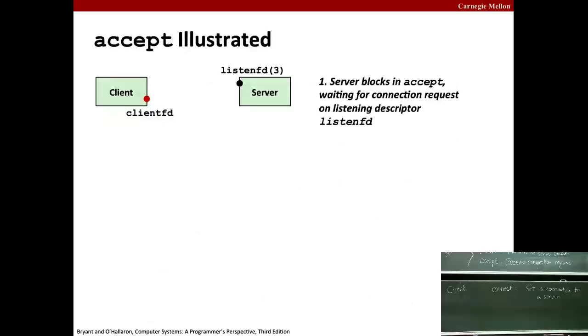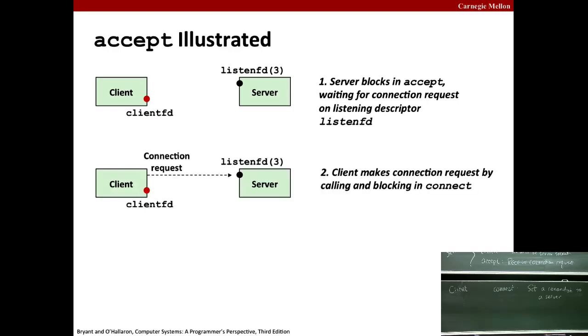So let me just talk about these different ports and what it all means when you set up a connection. When the server went through bind and listen, it created a listening port, the one it's listening on for connection requests. And the client, when it called socket, was given a particular file descriptor for that socket.